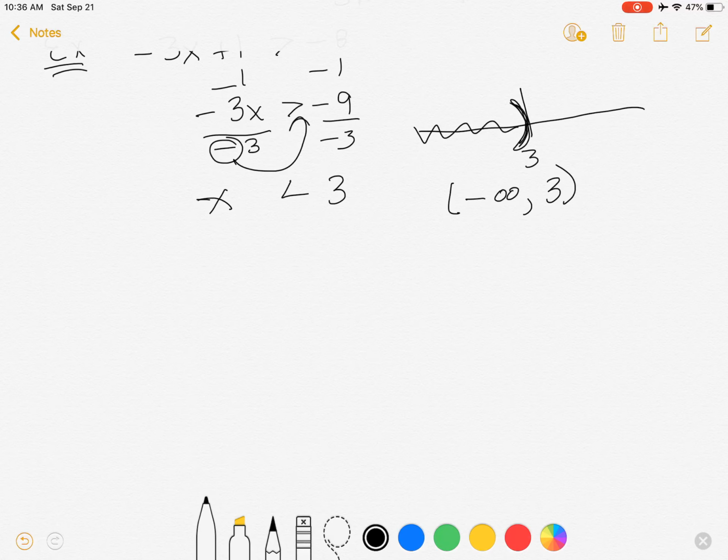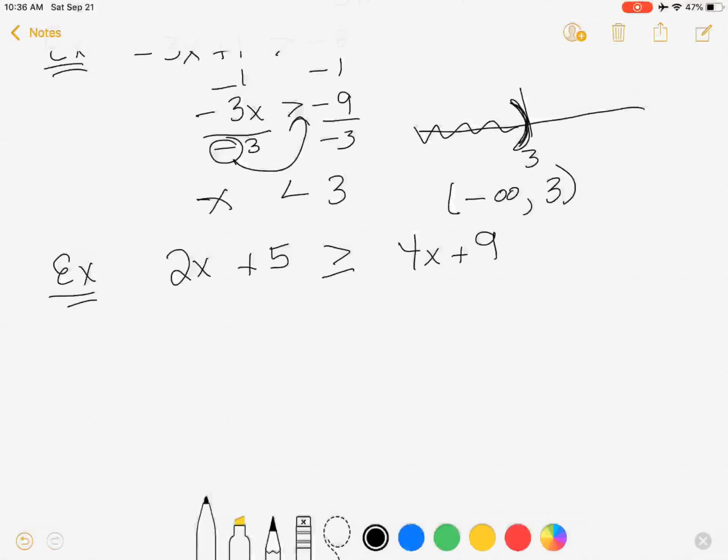Alright, just one more so that I make sure you understand that. Alright, let's do one with the variable on both sides. So let's say that I had 2x plus 5 greater than or equal to 4x plus 9.